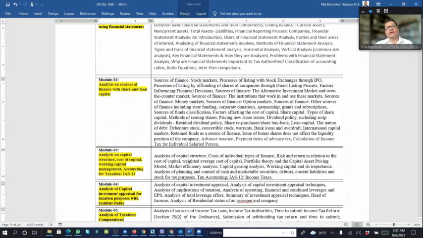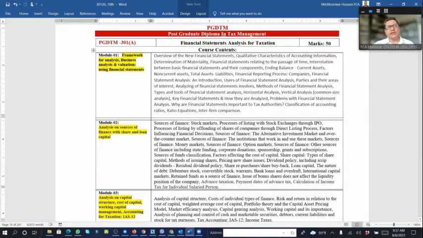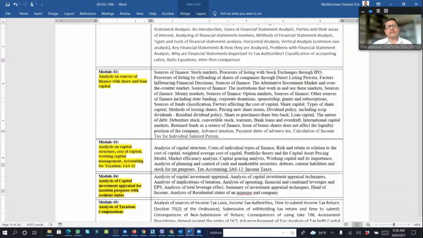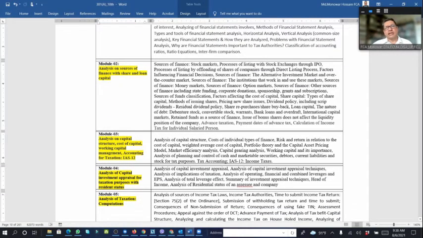So basically all are related to income tax. If we see the first module, we have to establish a company, and that company collects money for running the business through module 2.